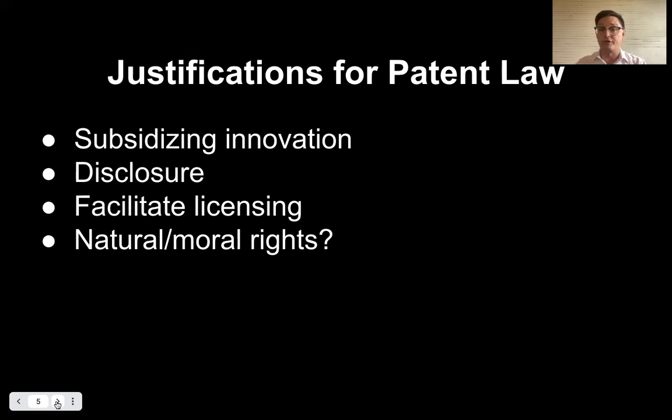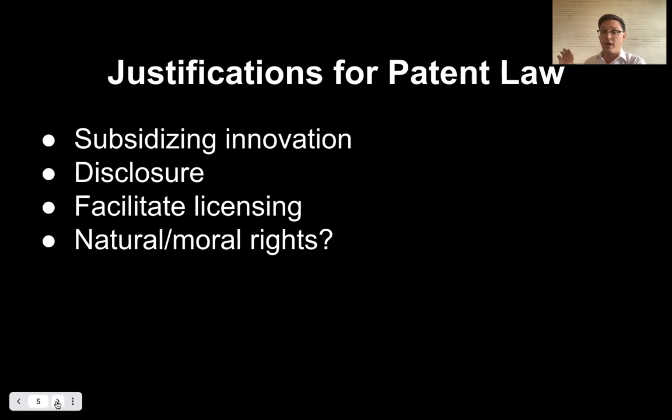So we want to encourage investment in innovation, but in the absence of some form of protection, the costs of innovation, the costs of development, can't be recouped by the individual or companies that invest in that innovation, and therefore we're going to see market failures in innovation.